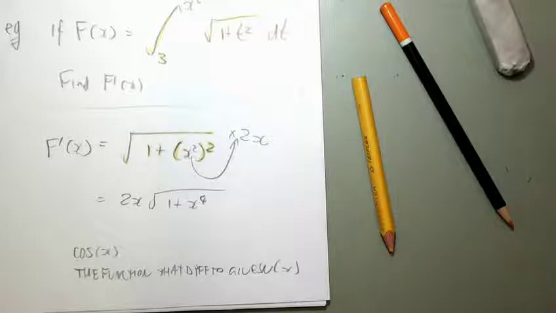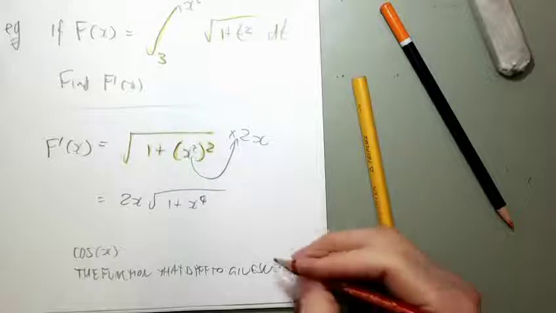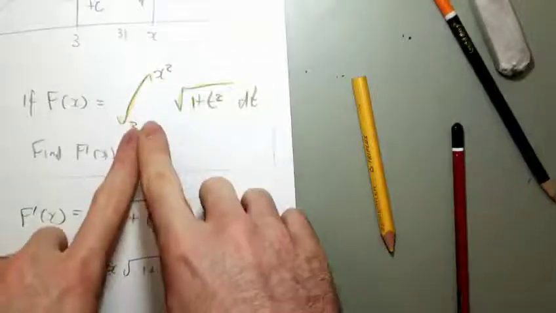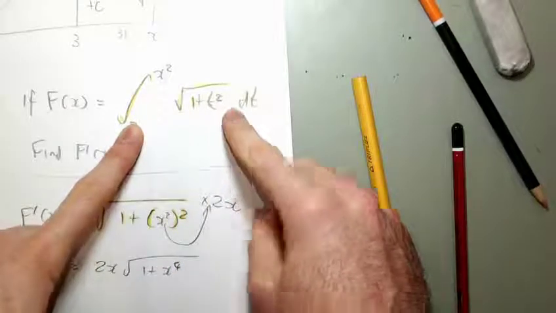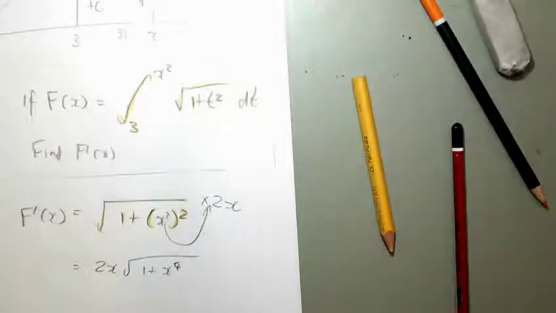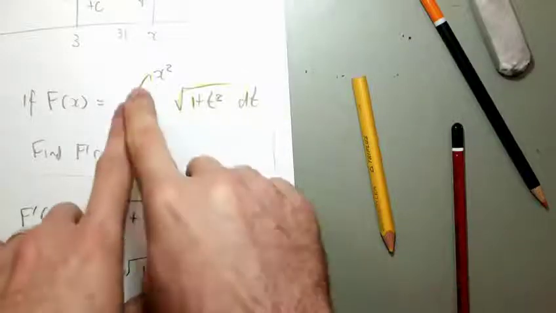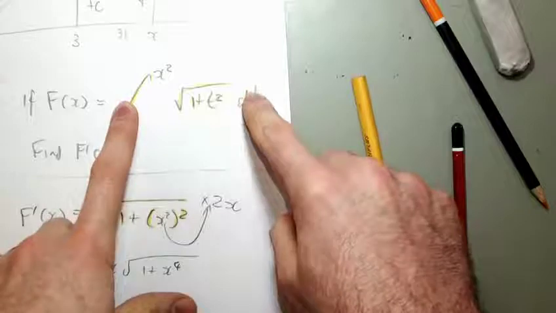Right? That's the name of cos x. And that's what we've been told. We've said the function that differentiates to give root 1 plus x squared, but with x squared in it instead of x. That's what we've been told. So this is just a long, long name for a function.